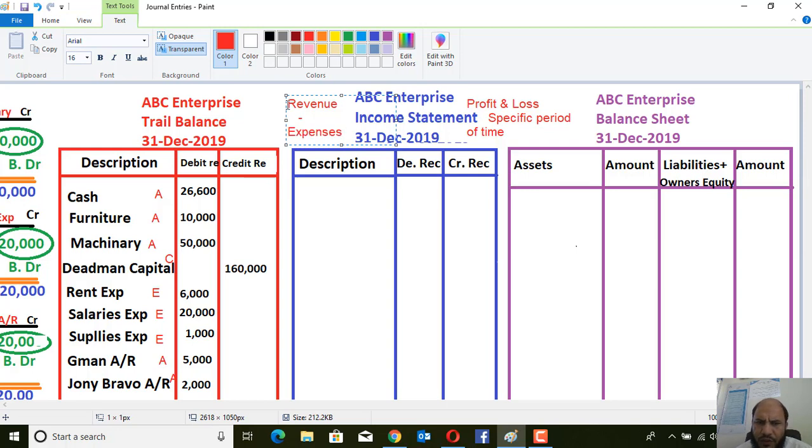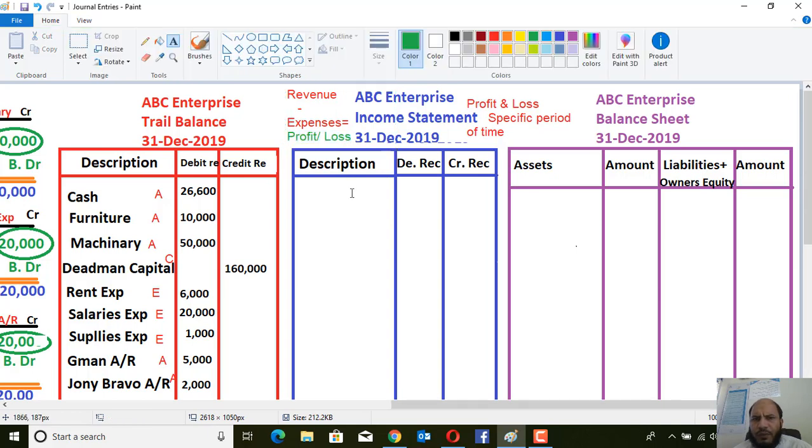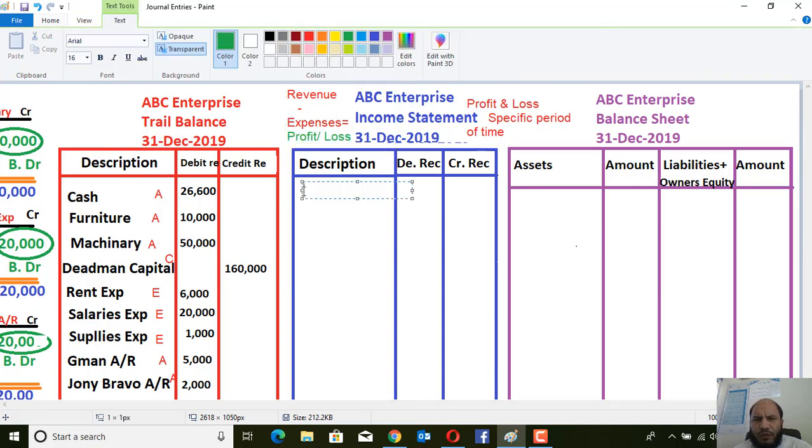So this is equal to profit or loss. So see dear students, when we deduct the expenses from the revenue, we will find the profit of the company, or sometimes we will go with the loss. So now let's calculate the income statement. So we will have the revenue account.